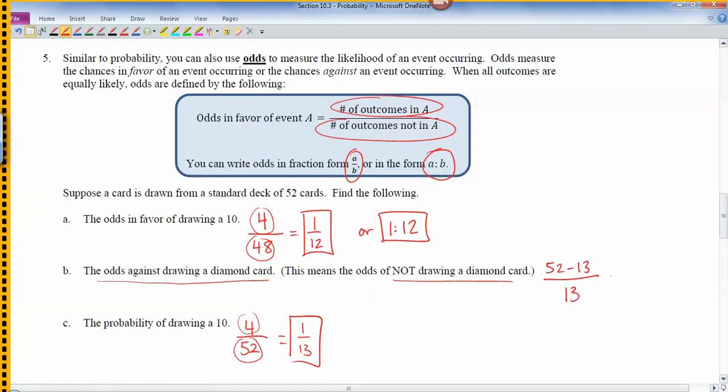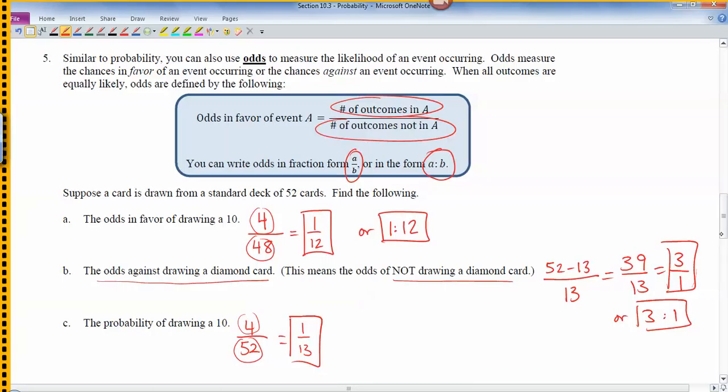So there are 13 diamonds. So this ends up being 39 over 13, or 3 over 1. For some reason, you don't get rid of the 1 there, because then it shows, well, for every 3 non-diamonds, there's 1 diamond. Or you can write 3 to 1 like this. So there's that answer.